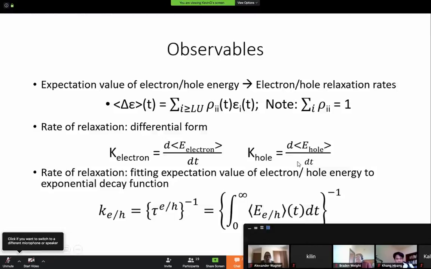So the integral form of these is what I used in MATLAB to find my relaxation rates right here. So I'm integrating across all time from 0 to infinity right here. I'm using that to compute my electron relaxation rates and my hole relaxation rates. All right, next slide.